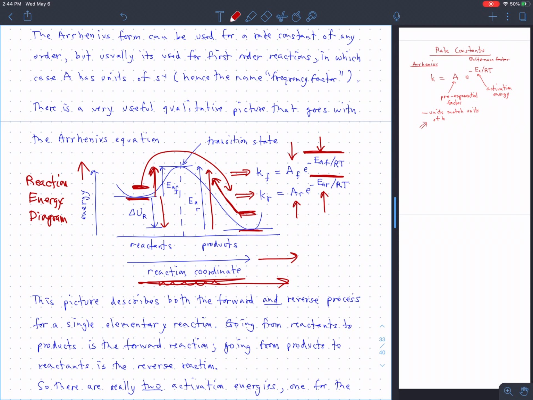On the other hand, it's perfectly possible to write an elementary reaction where everything is reversed. You can start low and end up high, and then this would be the forward reaction, this one would be the backward reaction. And in that case, the Boltzmann factor for the backward reaction would actually be greater than the Boltzmann factor for the forward reaction. There's no rule that says that you have to start at high energy and end up at low energy. You can do it the other way around.